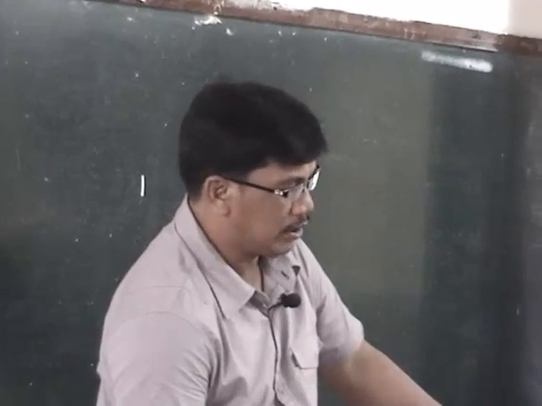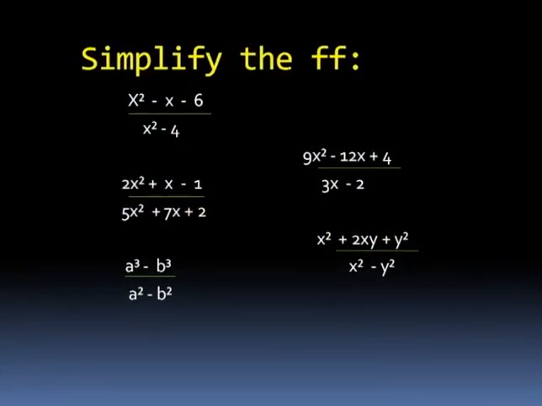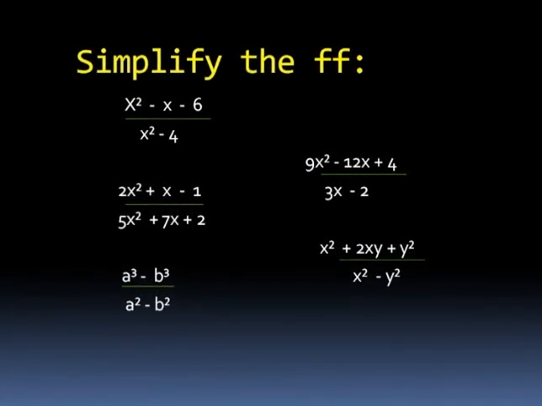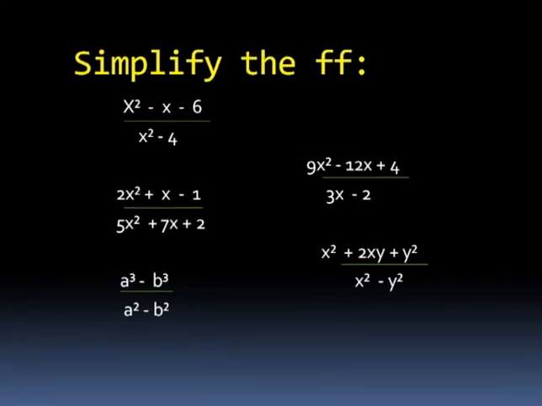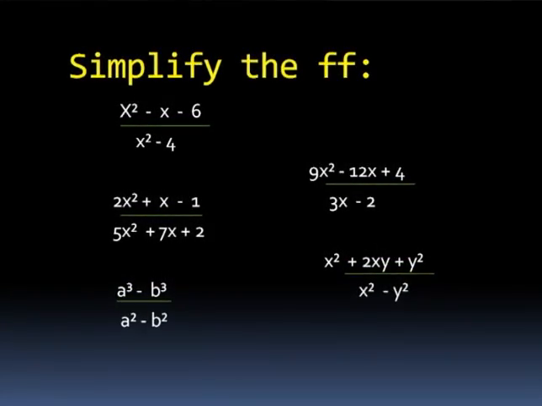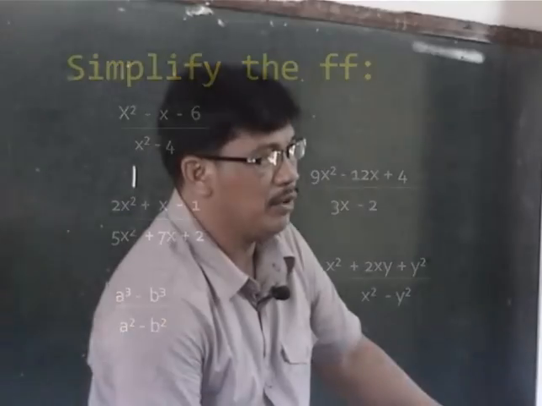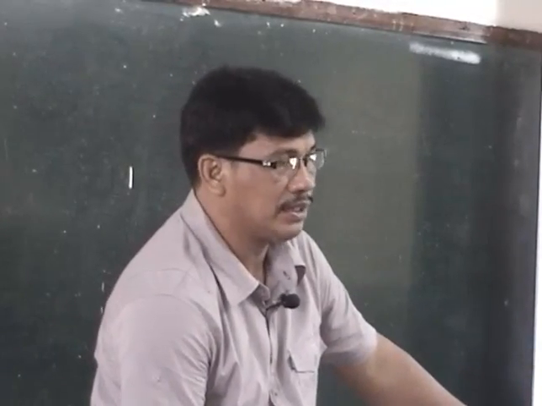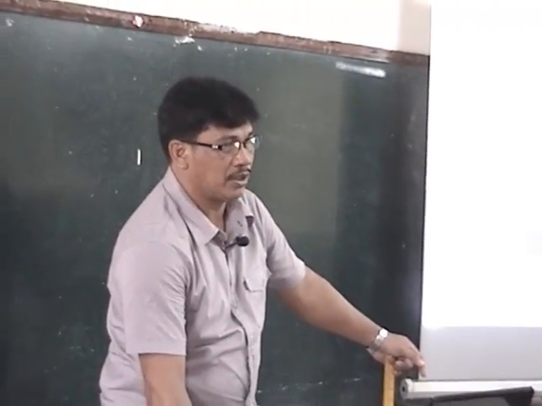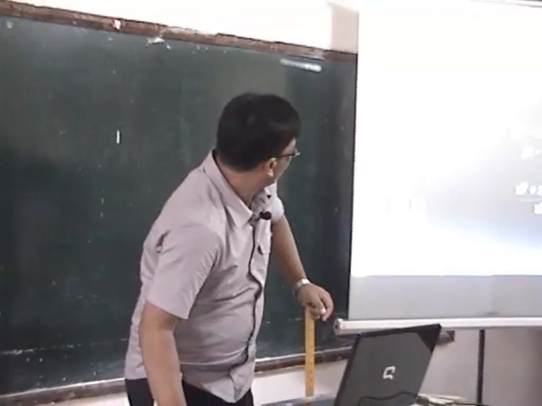Because what you have in here, class, are rational expressions in which the numerator and the denominators are quadratic trinomials and special products. Let me see if you can still remember these factoring techniques and apply them in rational expressions.